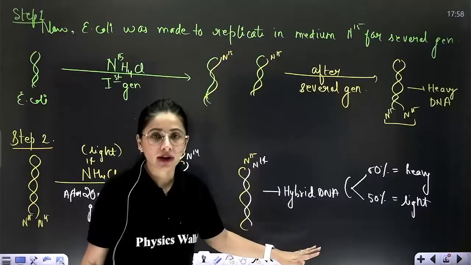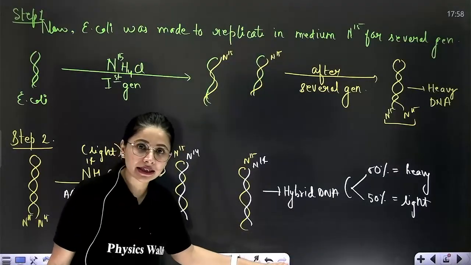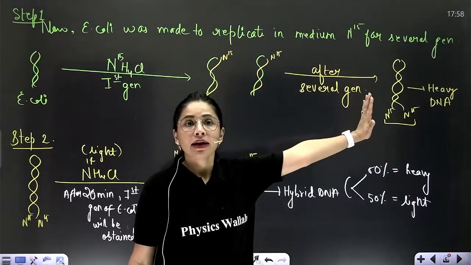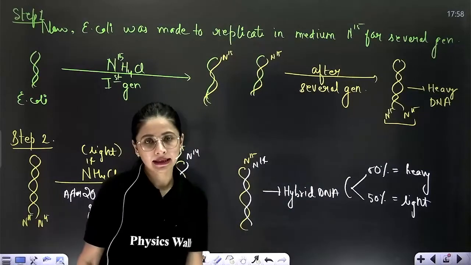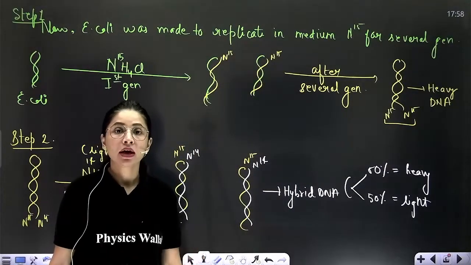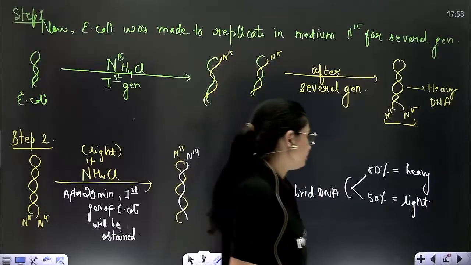So hybrid strands will appear lesser in density as compared to the heavy DNA. That we can analyze with the help of centrifugation done in cesium chloride medium.